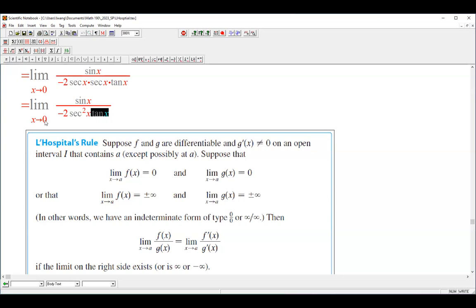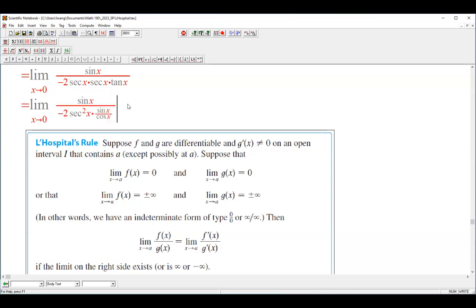Tangent x when x approaching 0 approaches 0. However, let's try to simplify this, right? Tangent x is equal to sine x over cosine x, right? And the sine x will reduce with the sine x on the top.